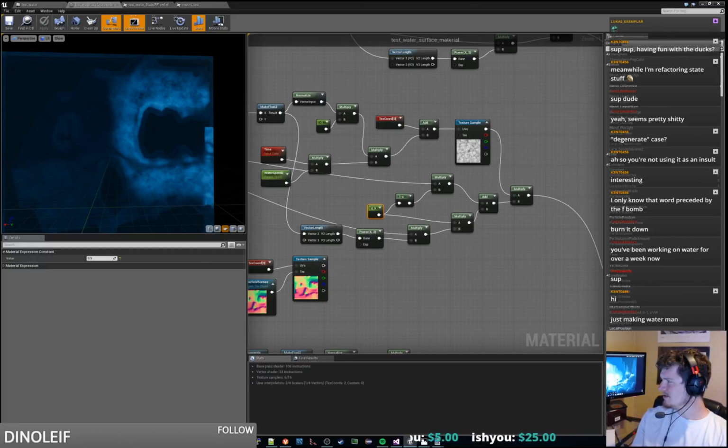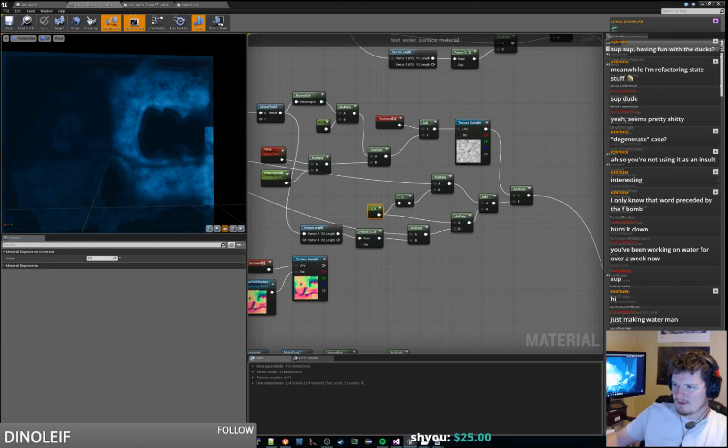This is basically a value. It's interesting. The question is, is this a degenerate case with our flow field calculations, or is it something else that's going on?